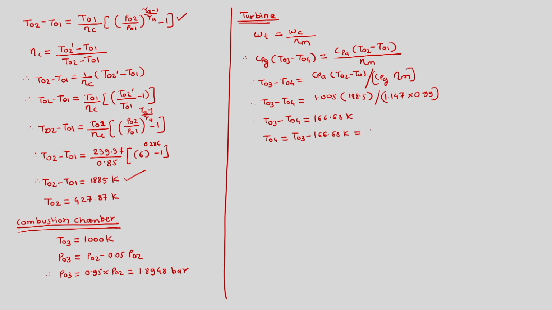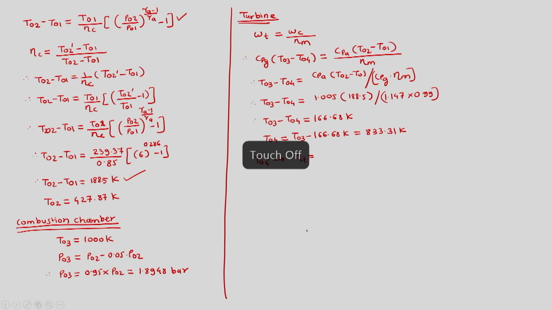which gives us 833.31 Kelvin. This is the temperature at the outlet of the turbine. We need to find out pressure as well. For that, first we will find out temperature which is ideal at the outlet of the turbine. For that, we can make use of turbine efficiency, and that turbine efficiency is actual turbine work output divided by ideal turbine work output.